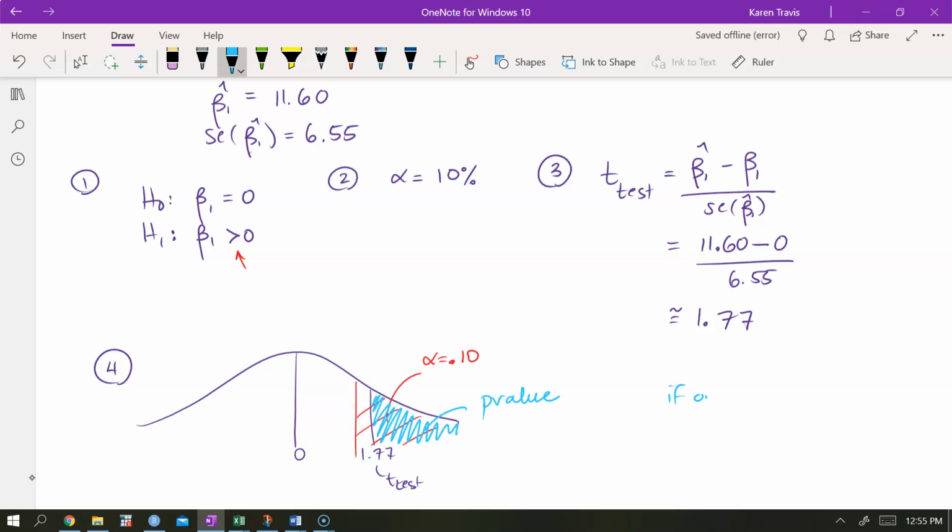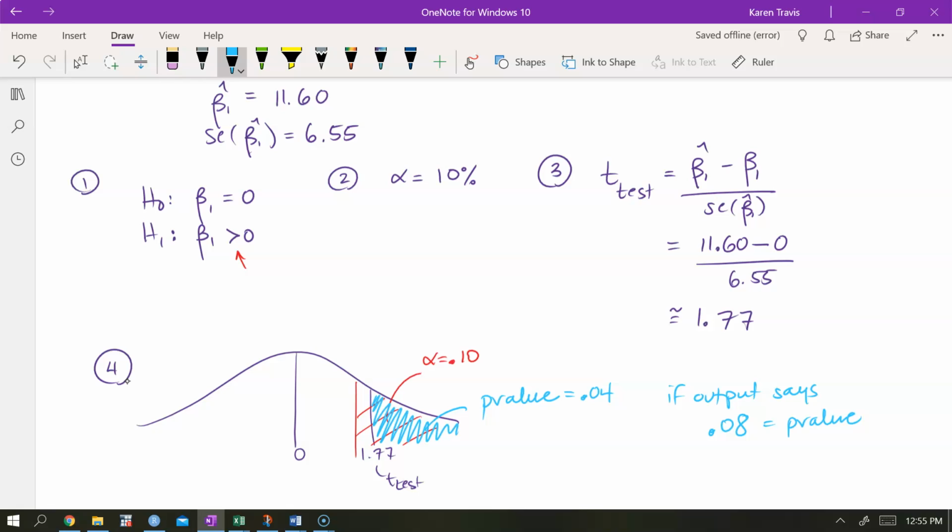So if the output said around a 0.08, what that means is it's assuming a two-tailed test, so it's assuming there's 0.04 here and there's 0.04 on the left side for a two-tailed test.